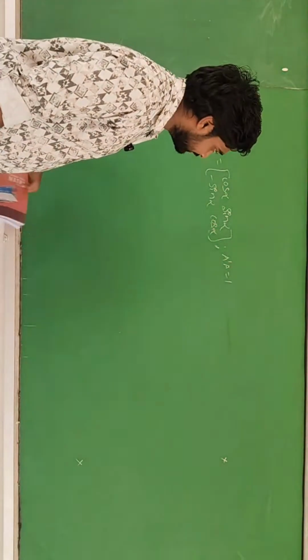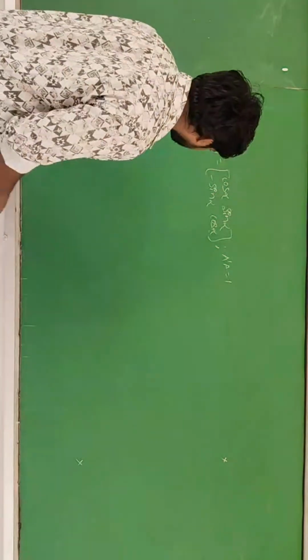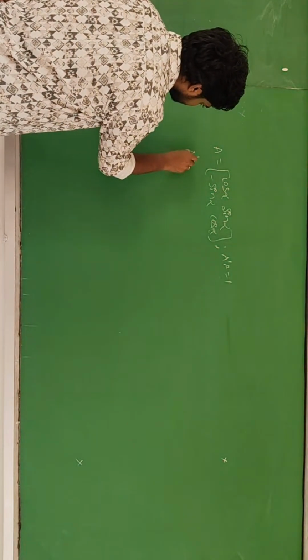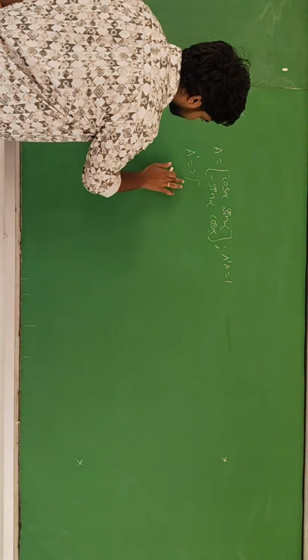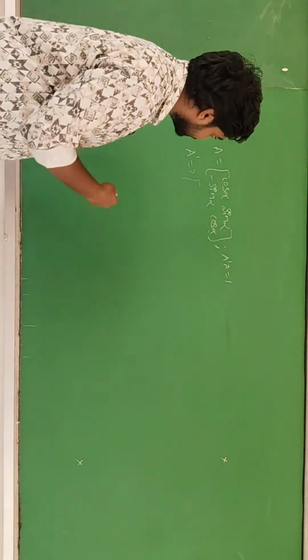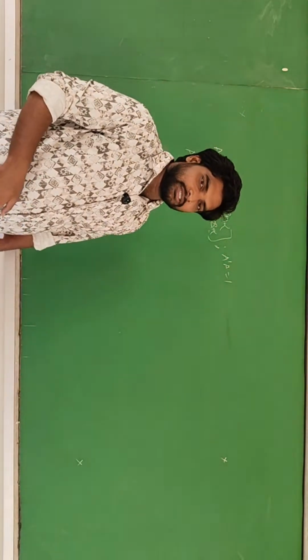Now, what do we have to do? A dash into A is equal to 1. So what is the meaning of A dash? Clearly we transpose, or we convert rows into columns and columns into rows.